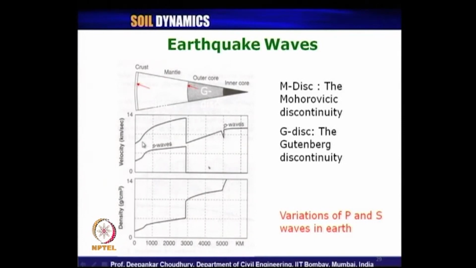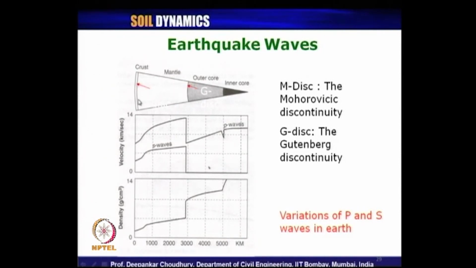Okay? So, how do the P wave and S wave velocities vary as we go from the crust to the inner core in terms of distance? The x axis shows distance in kilometers. This first graph shows velocity in kilometers per second. The P wave crustal velocity is about 6 kilometers per second.